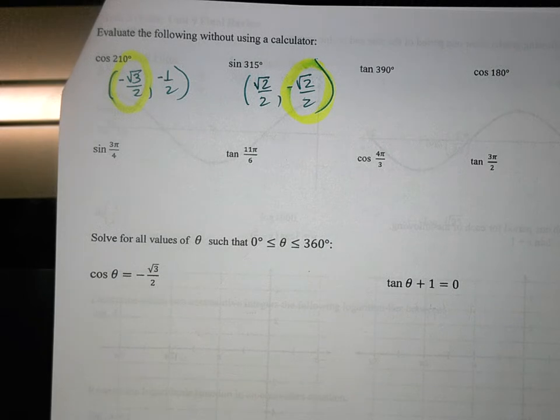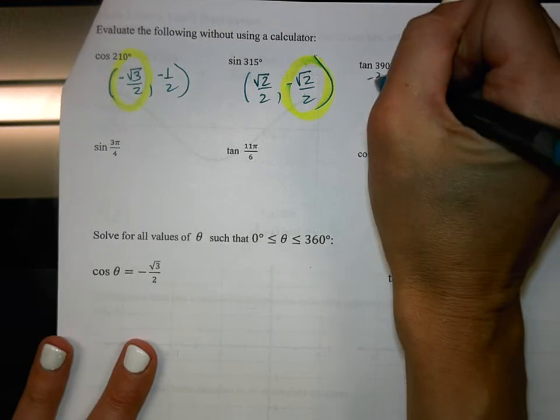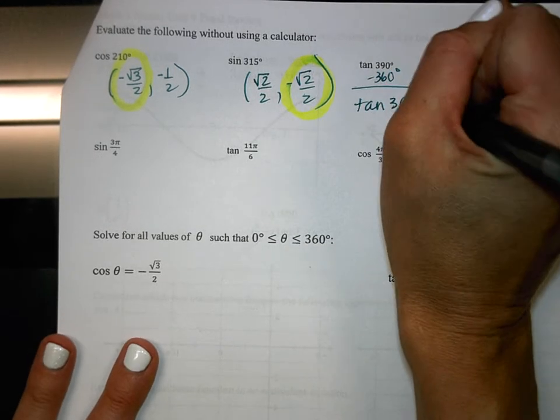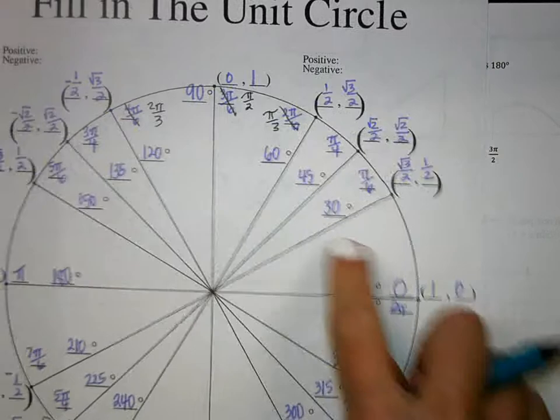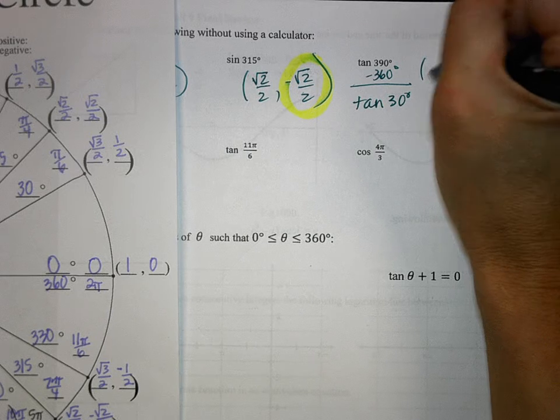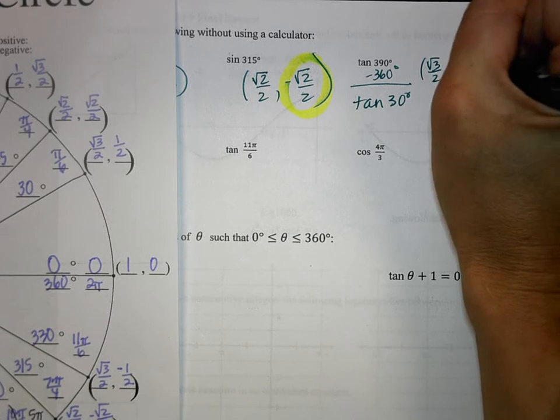That is not on my circle right now. Just go to 30. If I didn't remember this, if you have something greater than 360 degrees, what can you do to figure out where you should be? Yeah, just subtract 360 degrees and we end up getting tangent of 30 degrees. And if we go to 30 degrees on here, my ordered pair is root 3 over 2 and 1/2.